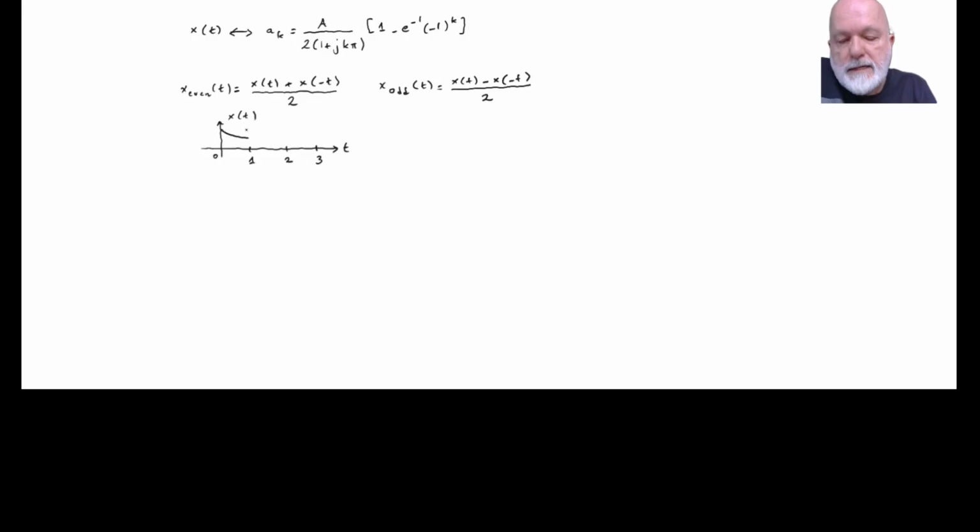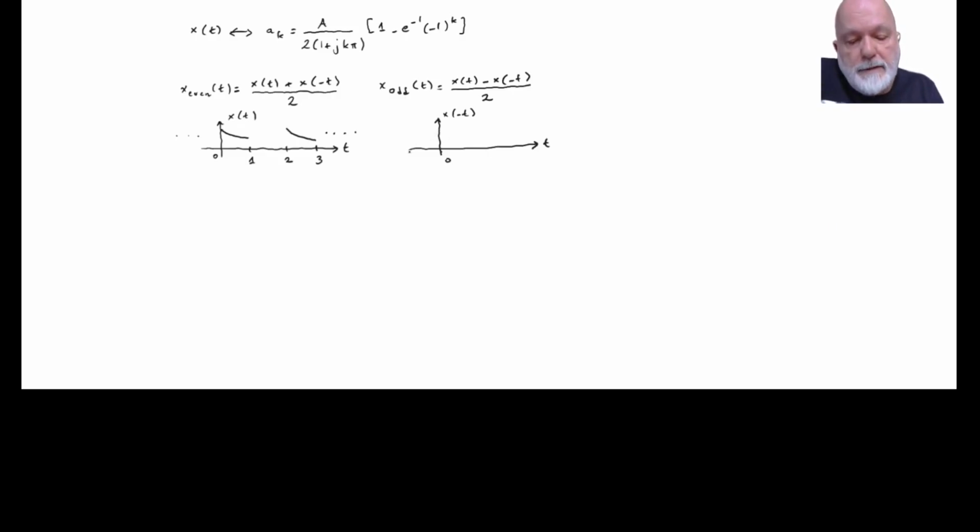So we have this exponential signal like this, and we have the periodic repetition of this. Now let us draw the graph of x of minus t. X of minus t will also be a periodic signal.